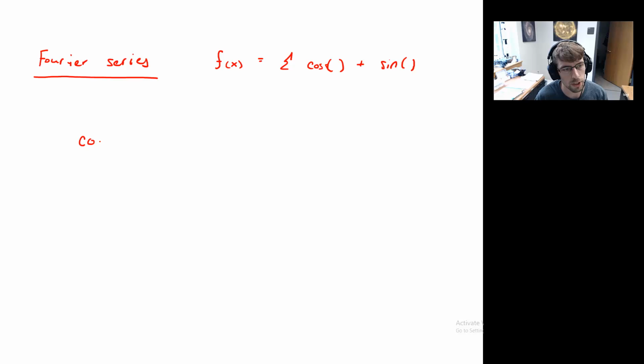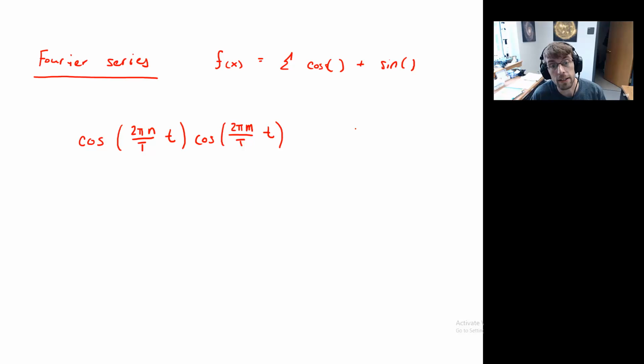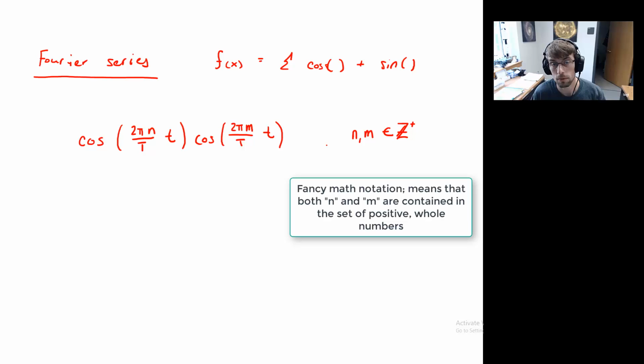We'll call them cosine of 2 pi n t divided by T, and cosine of 2 pi m t divided by T. Here I mean for n and m to both be integers, and furthermore, let's say that n is not equal to m.